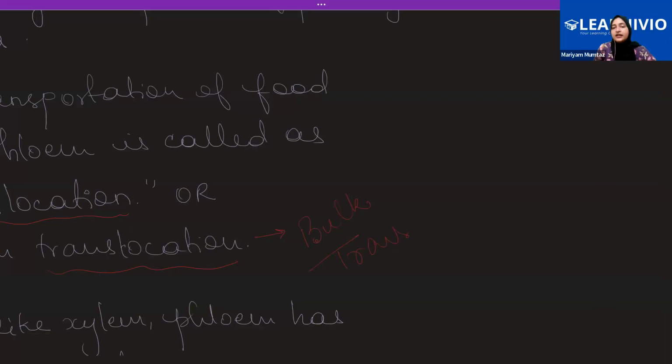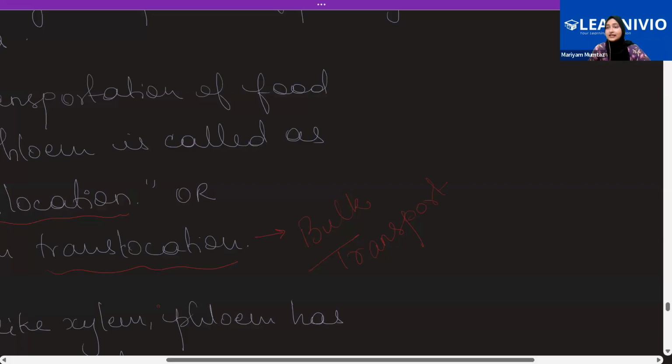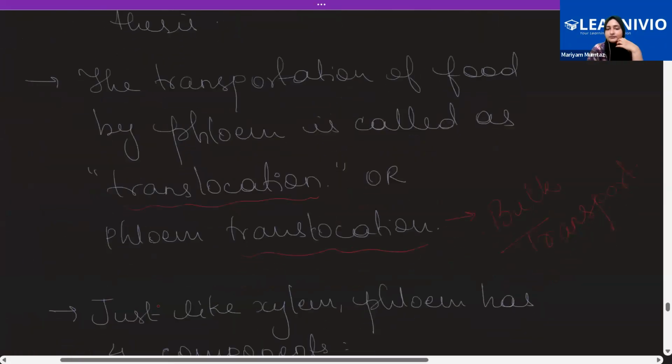What is the meaning of bulk transportation? Bulk transportation means the transportation in a large amount. So bulk transportation is the transportation of substances in a larger amount, and that is done with the help of phloem.